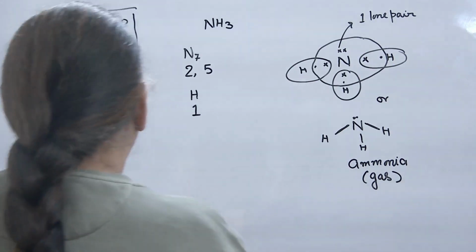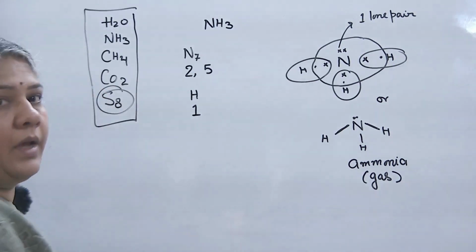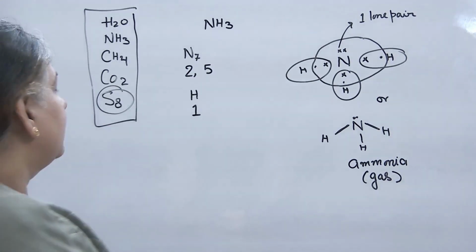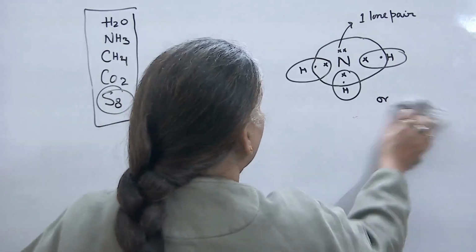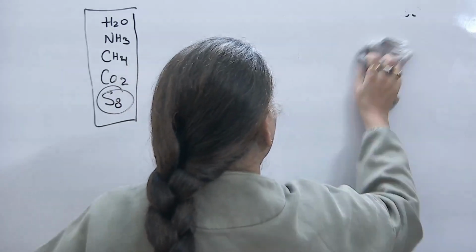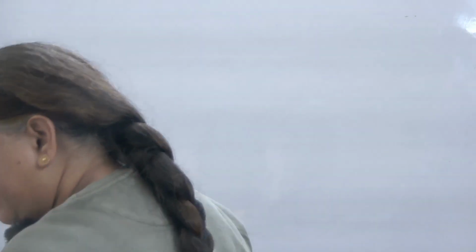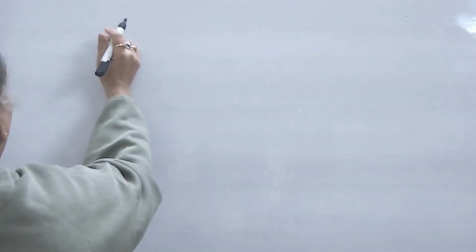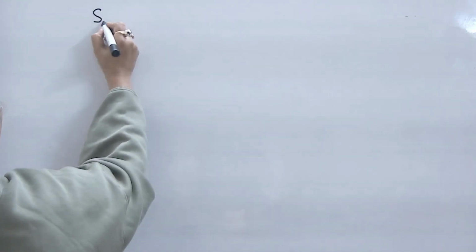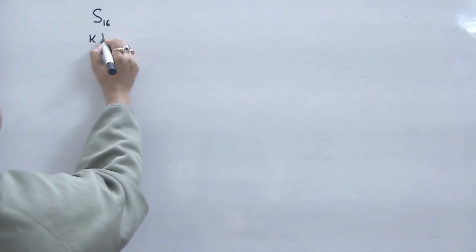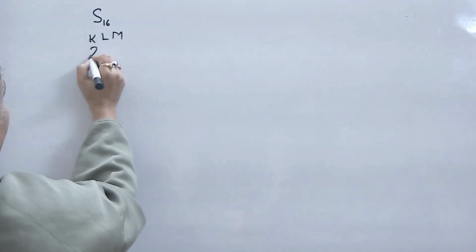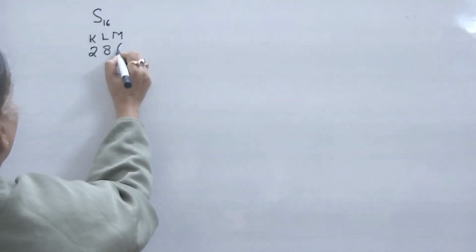Last, we have to draw S8. It's a polyatomic molecule. See, sulfur is 16, so its configuration is K, L, M: 2, 8, 6.